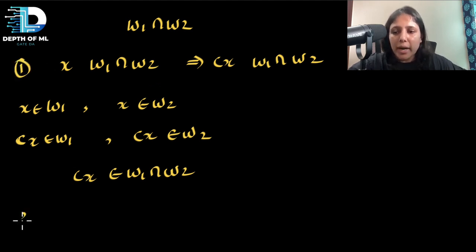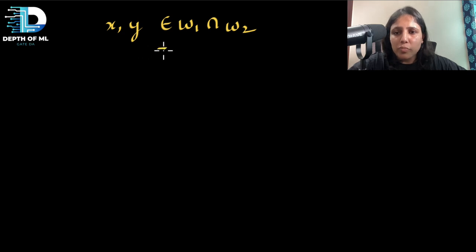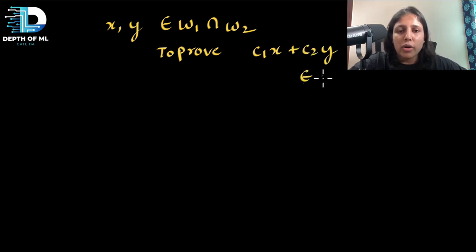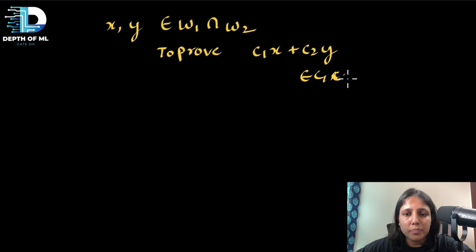Okay. Let me look at the other property, which is the second property itself. So I have two vectors X and Y which belong to W1 and W2 and basically the intersection. So I need to prove that C1x plus C2y, for all C1 and C2 in R, belongs to W1 intersection W2.